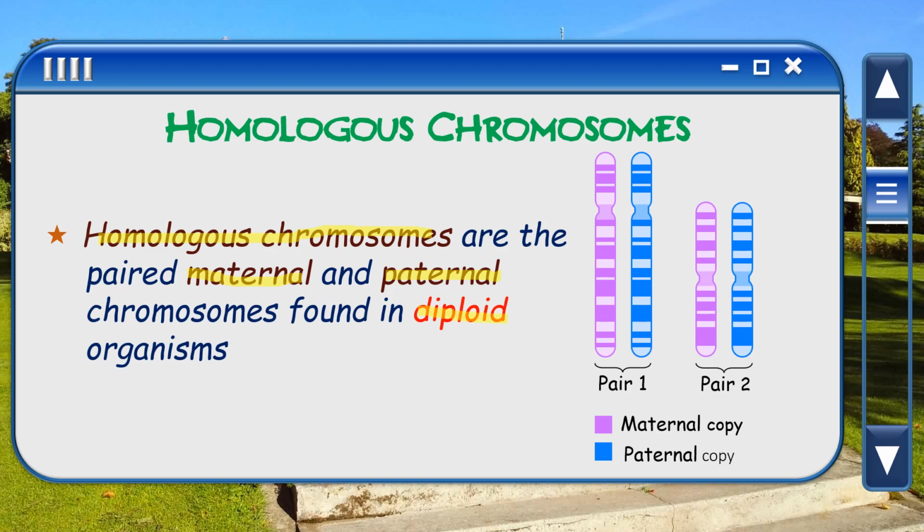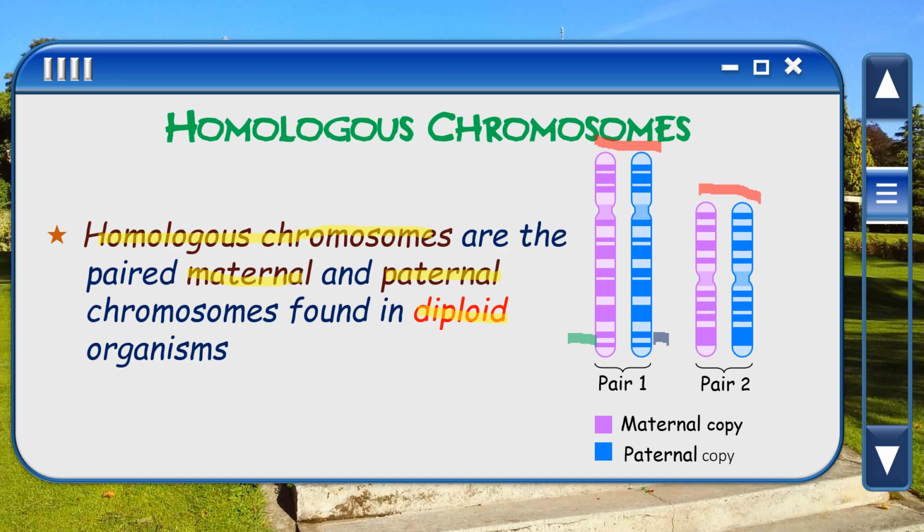So you will find that we shall have chromosomes pairing up. And when they pair up, they become homologous. One chromosome comes from the maternal side and another chromosome comes from the paternal side.